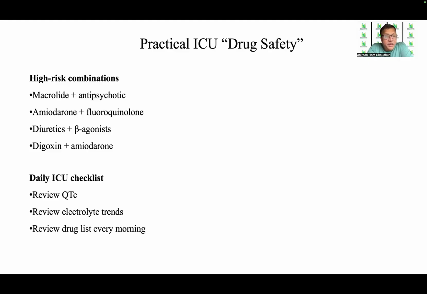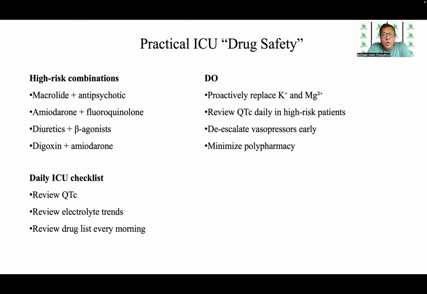We have to go for a daily ICU checklist: review the QT drugs, the QT segment, review the electrolyte trends, and review the complete drug list every morning during rounds.